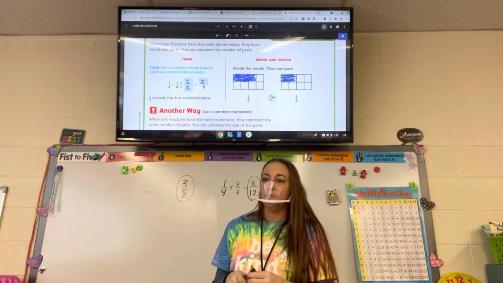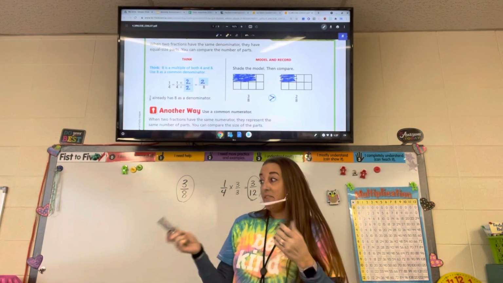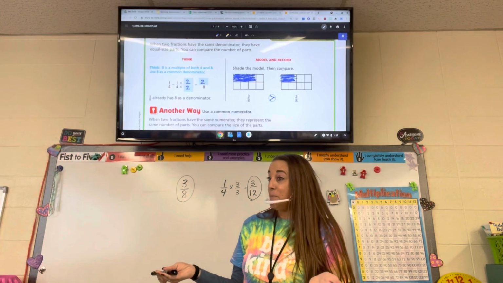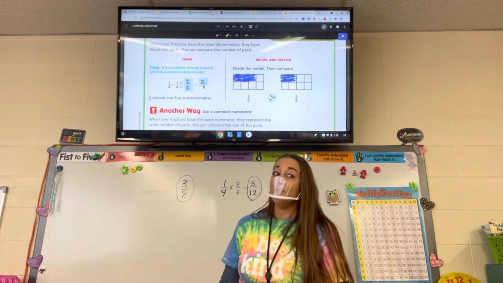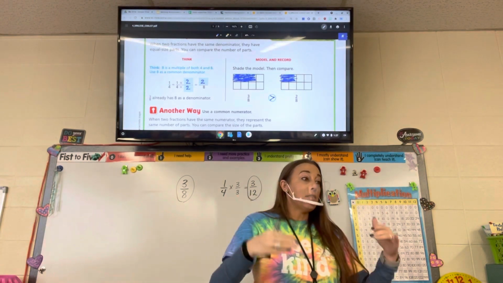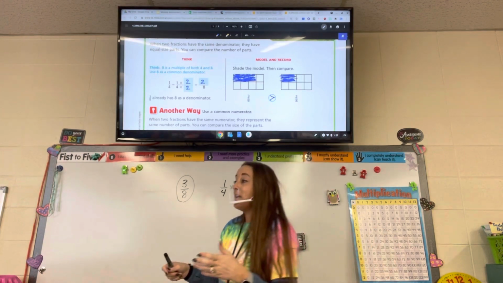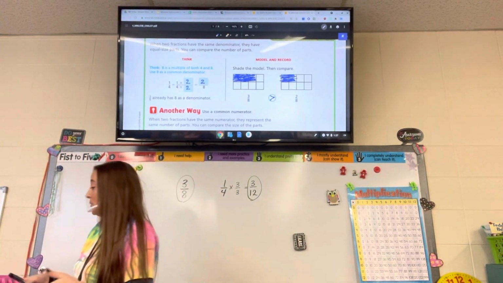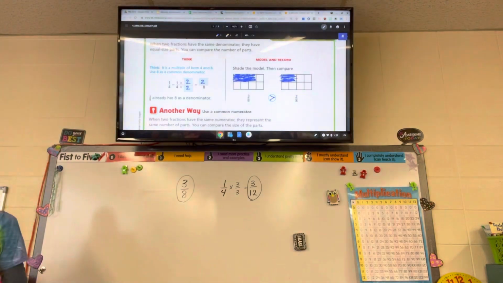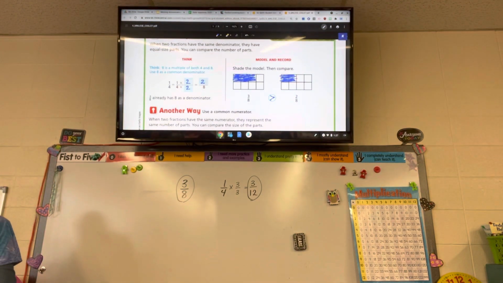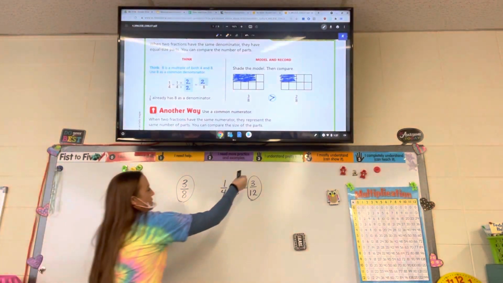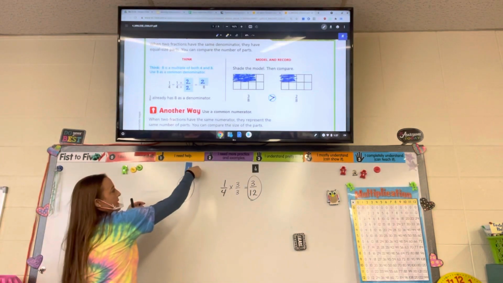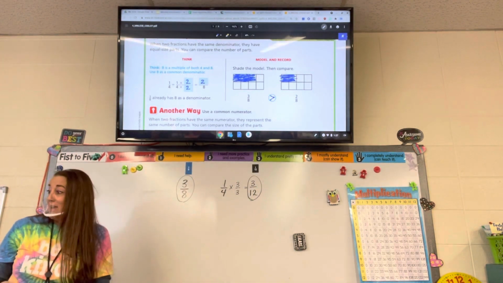Which one's bigger? 3/12. You would think so, right? Because 12 is bigger than 8. Not on fractions. If it's on the bottom, it's talking about the number of pieces in the whole. So which is bigger, a 12th size piece or an 8th size piece? An 8th size piece.